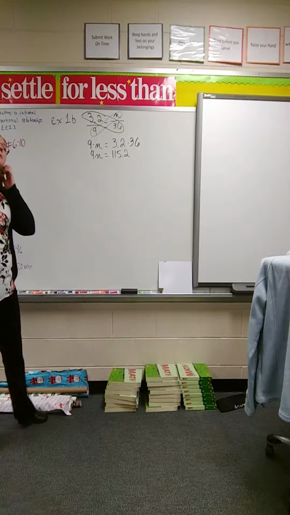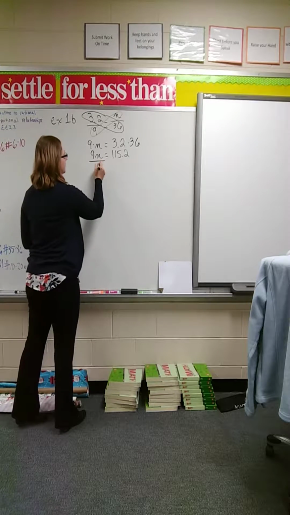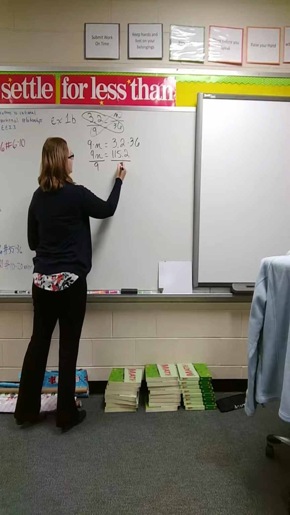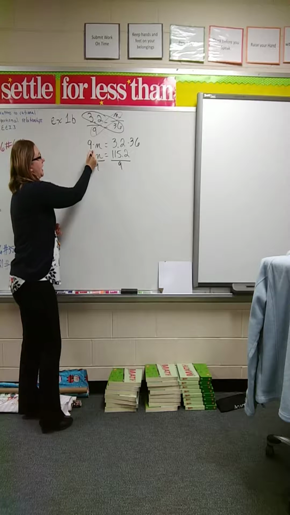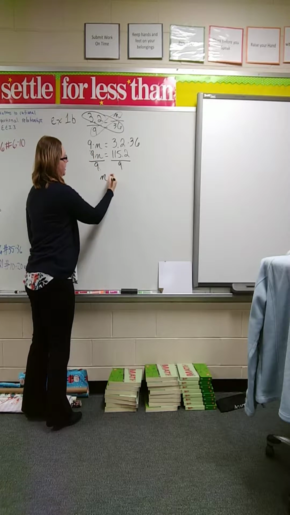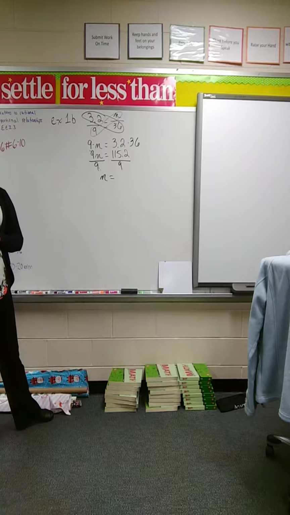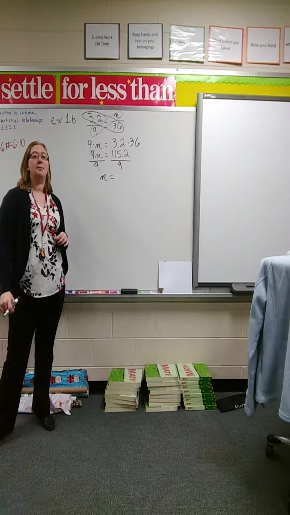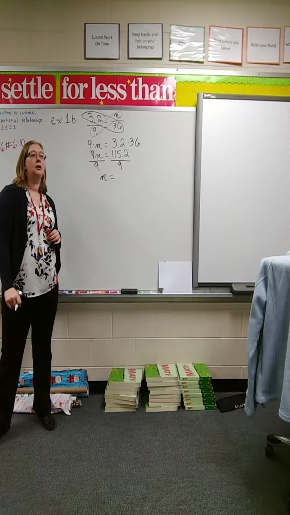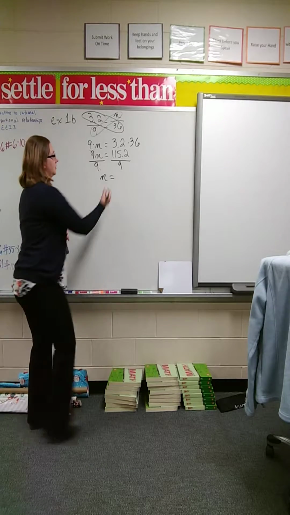115.2. Alright? Now I need to divide both sides by 9 because that is the number attached to my variable. My 9's will cancel, leaving me with the variable n being equal to what? In a handy dandy calculator, I have 115.2 divided by 9 giving me 12.8.